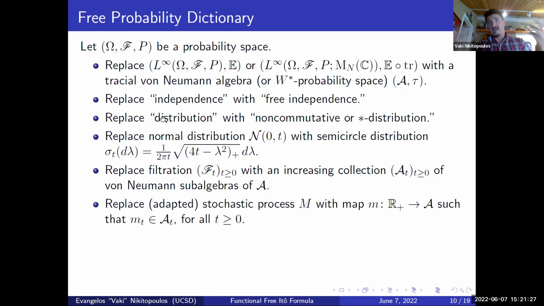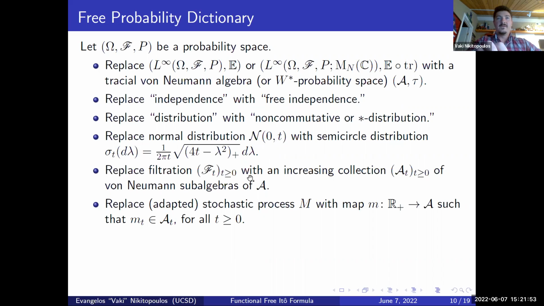We're going to replace a classical notion of distribution with non-commutative or star distribution. And then the universal distribution in this free world, instead of being the normal distribution, will be the semicircle distribution. And when we have variance t, we should have variance t here. That's what I'll write for sigma_t for the semicircle distribution. And then slightly less obvious, but if you think about it for a little bit, it makes sense.